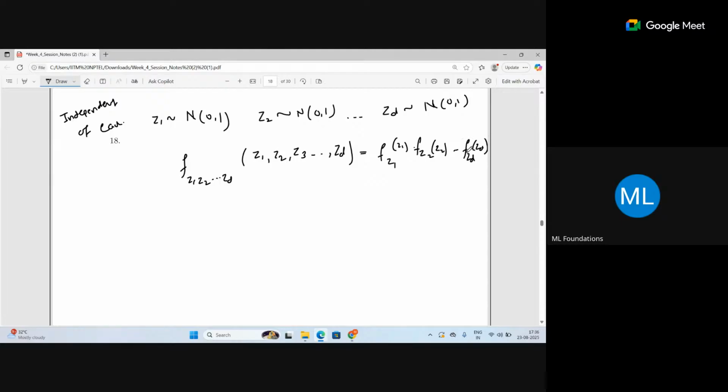But writing like this might be a cumbersome task. So instead of that, you just create a vector z, and in that vector you arrange all of these normal variables like this: z1, z2, z3 up to zd. So it's a vector. What is the dimension of this vector? D cross 1, right?